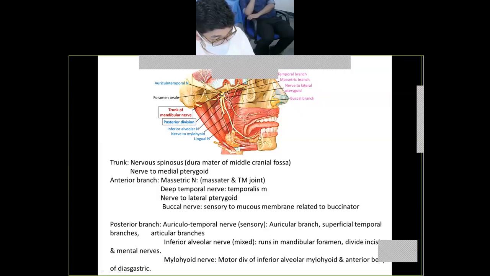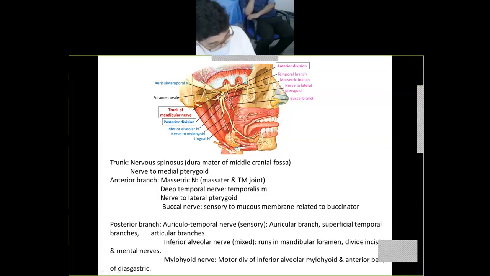This one is the lingual nerve. Now, one thing I forgot: for the auriculotemporal nerve, the postganglionic secretomotor fibers for the parotid gland, through the otic ganglion, travel through this nerve. When we discuss the ganglions, we'll discuss it in detail.